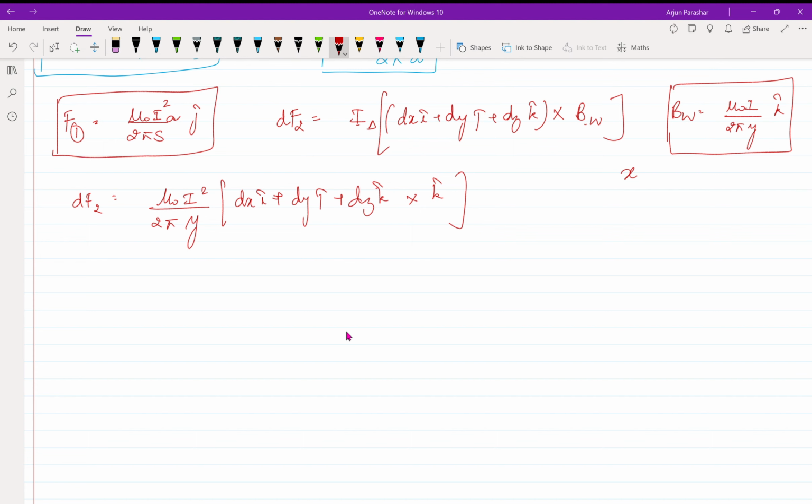This k cap is from the magnetic field. So we get mu naught I square over 2 pi y, I cross k gives dx times minus j cap plus dy i cap, and k cross k will be 0. So we can see that the force is in the form of these coordinates.